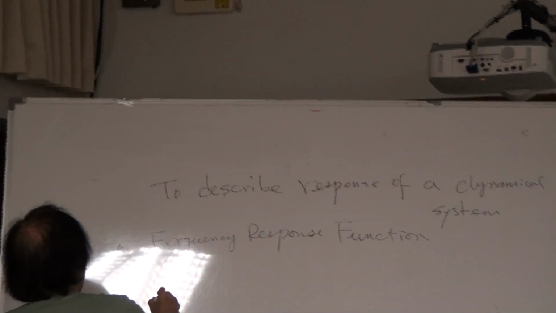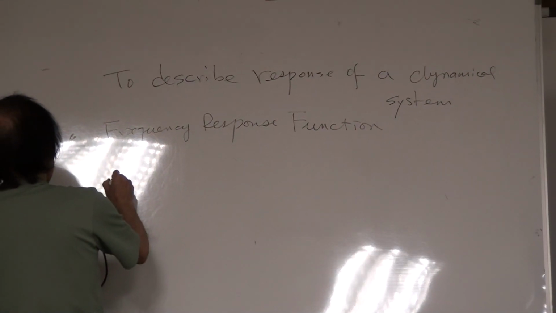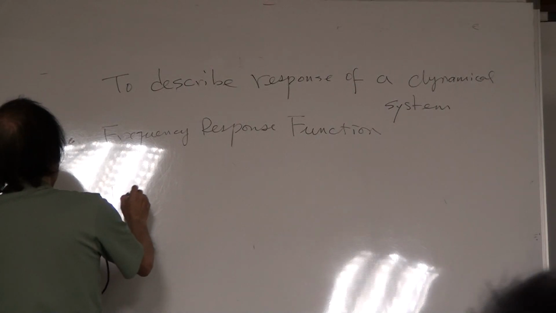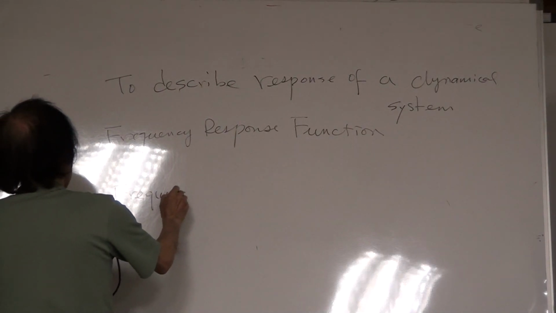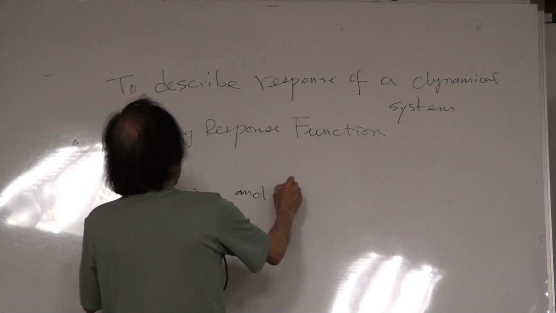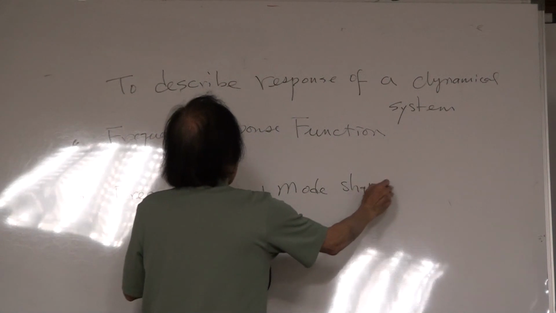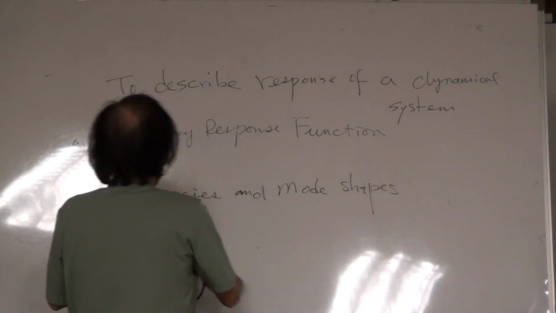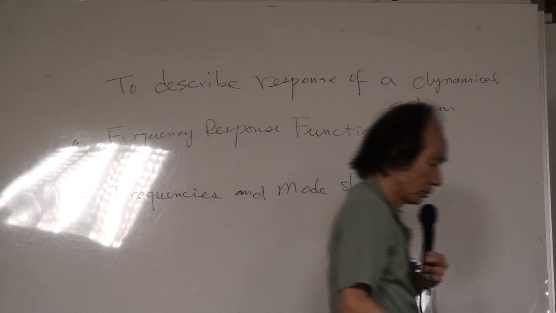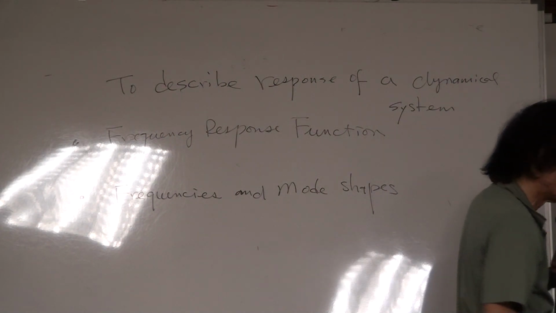Another one, we also showed you the modal components in terms of frequencies and the mode shapes. That's another way to describe the responses, because you know the frequencies, you know the mode shapes.